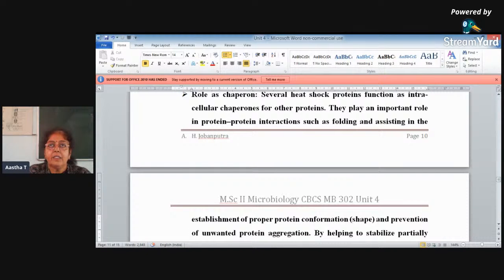At rest the proteins are present in a folded form. So for this folding, interactions between certain amino acids will be essential, or different types of protein chains must remain bound together. To bring about those protein interactions, heat shock proteins play the role of chaperones.